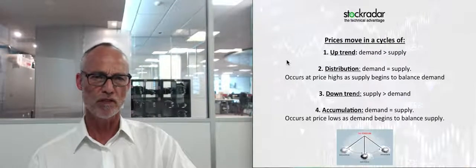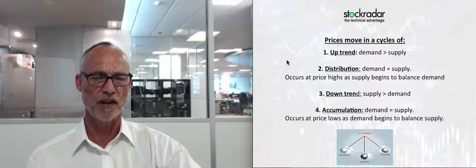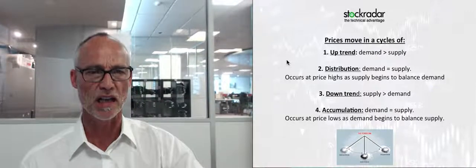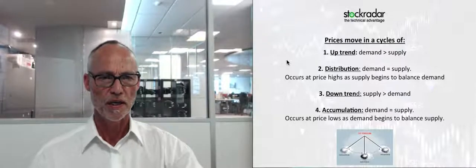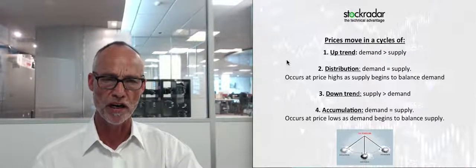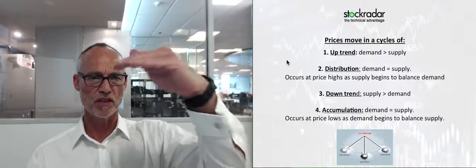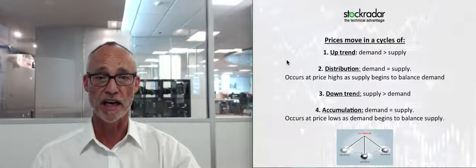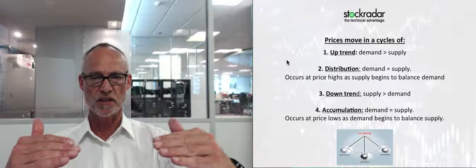Okay, now just to recap, to make a bit of sense of what I do, I'm a fairly basic analyst. I look at the price and volume, and that gives me most of my information. Prices move in cycles of uptrend, which is demand over supply. Then you get a distribution, which is at the highs, where demand equals supply and occurs at price highs as supply begins to balance the demand.